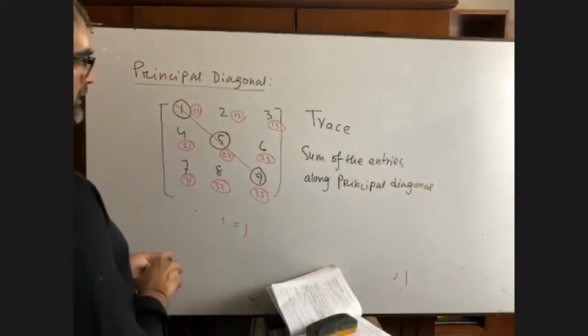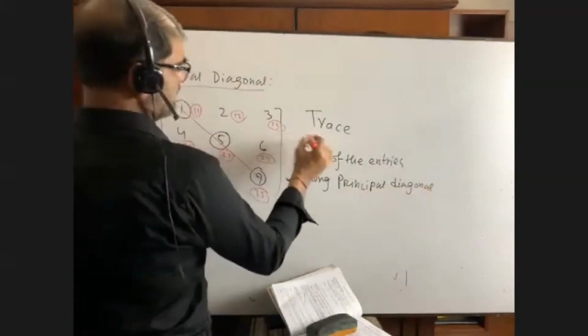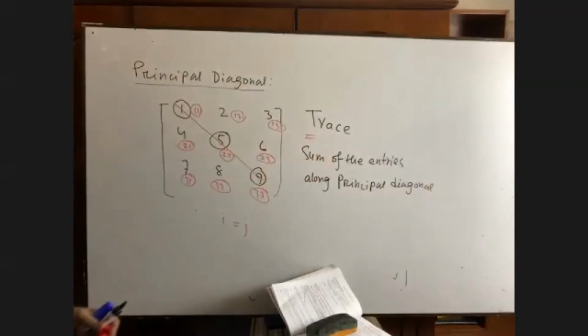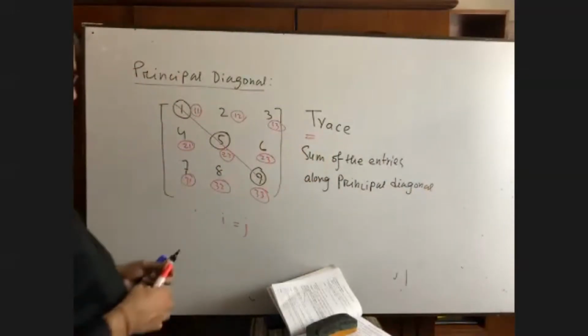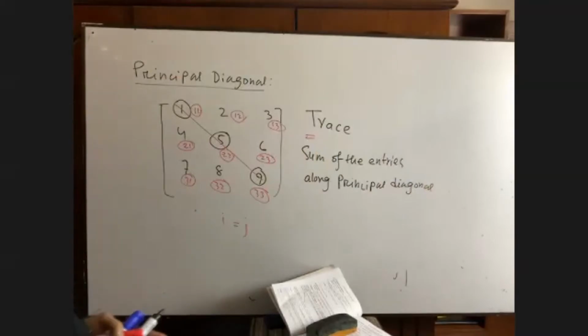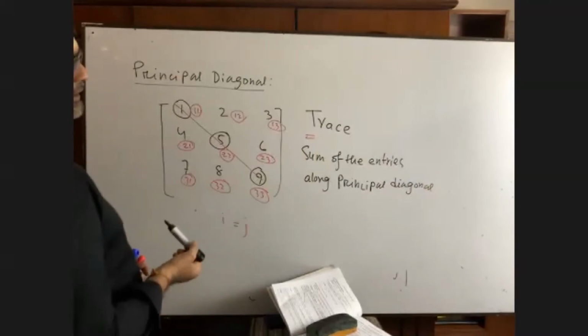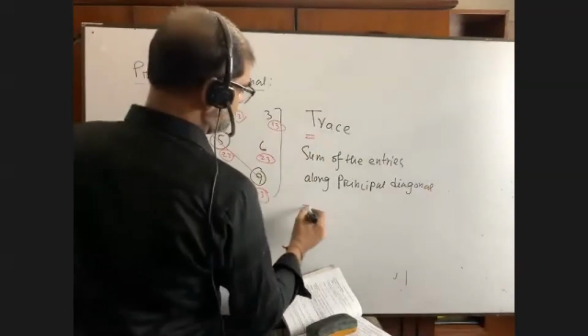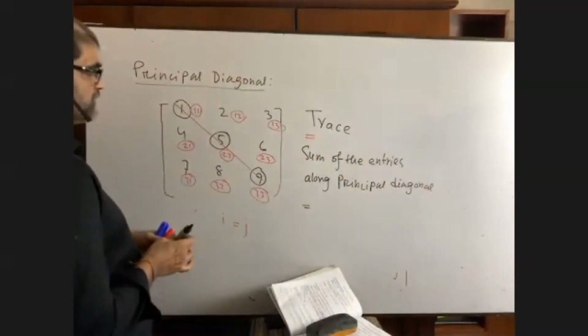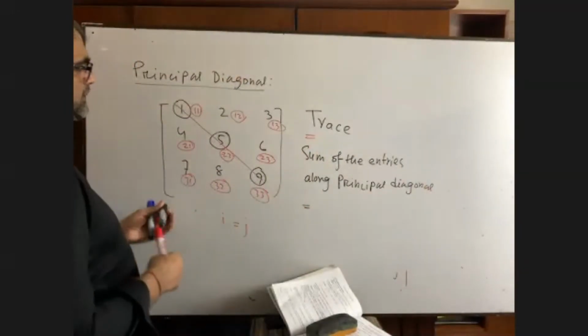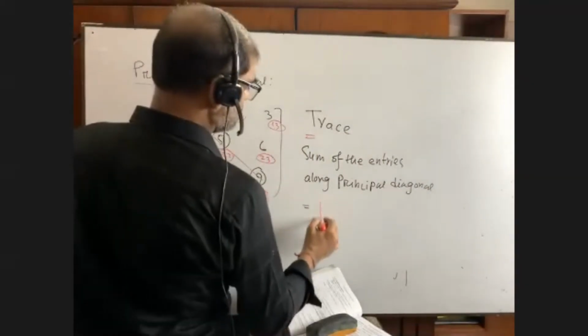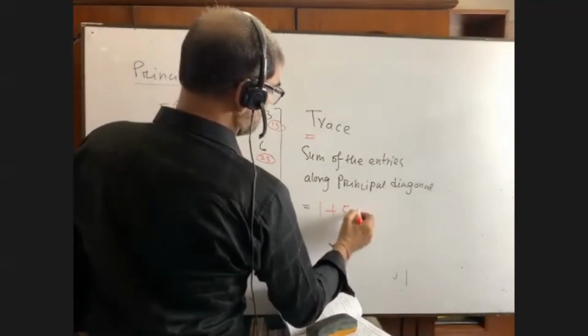Please write down the definition. It will be given in the examination for 2 marks. Trace equals the sum of the entries along the principal diagonal. That means here, what are the entries? 1, 5, and 9, equals what?